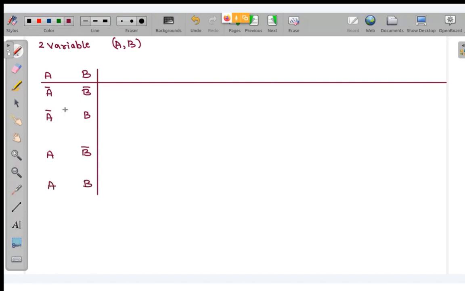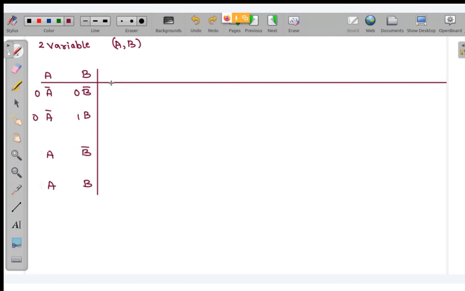Simply, this will be 00, 01, 10, or 11. I am just encoding that 0 corresponds to complement and 1 corresponds to non-complement.